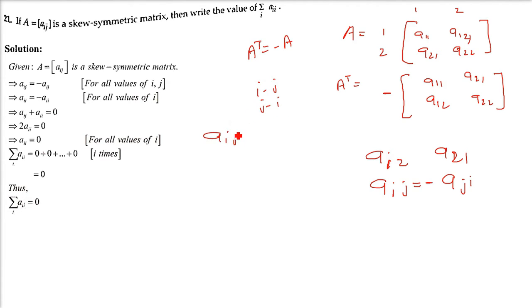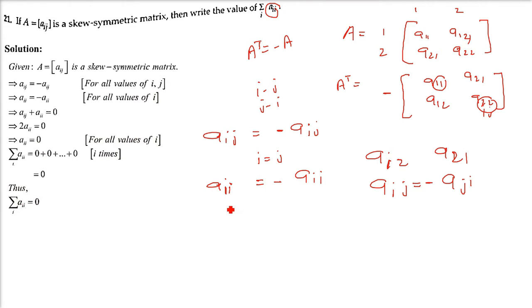So Aij is going to become Aji, but it is negative, it is skew symmetric. So when i and j are equal, that is A11, A22, it is Aii. So let us replace ij by ji, so Aii on both sides.